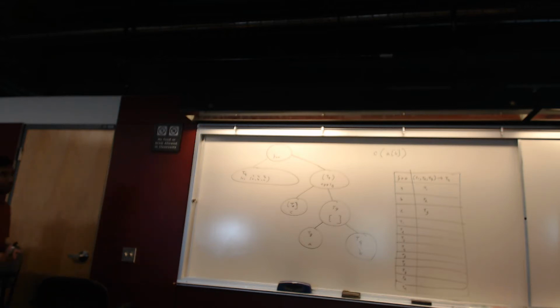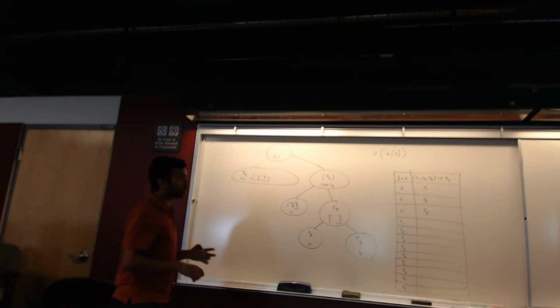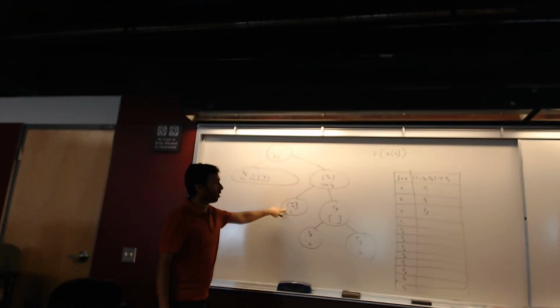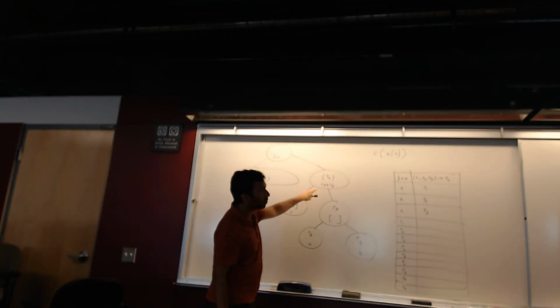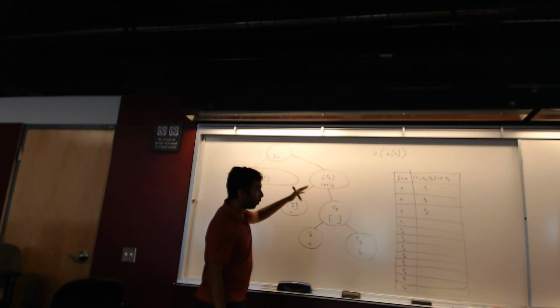Function application says that the constraint should be, this one has to be a function. T6 has to be a function, right? So T6 has to be a function, and of what type?